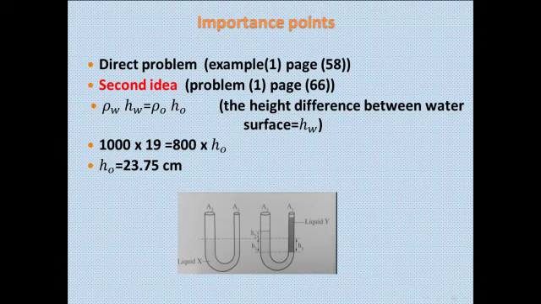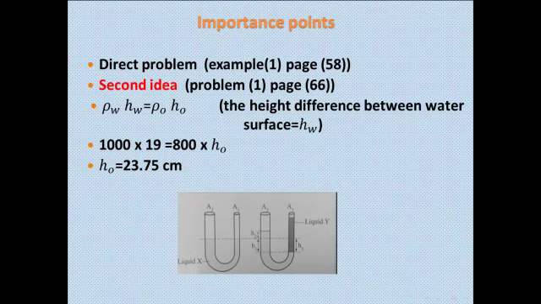Second idea, problem number 1, page 66. Okay, about this problem? Look at this figure. At first, the water is at the same horizontal level. Then I pour oil in this branch.